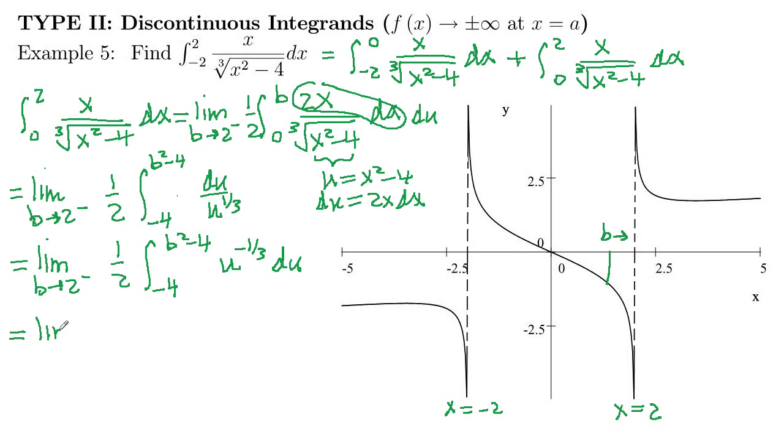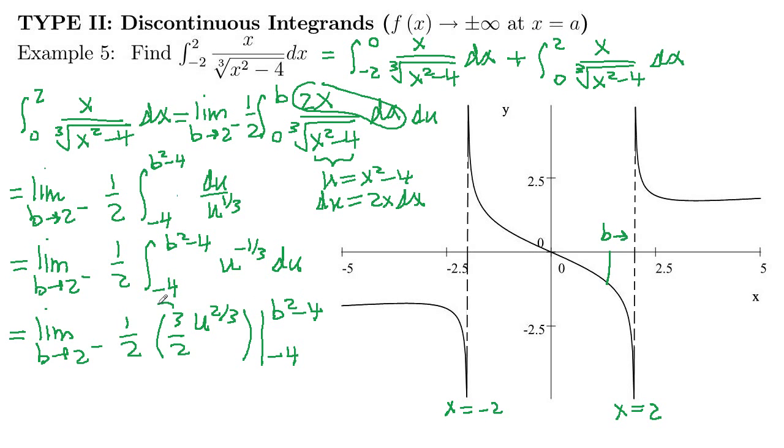So limit as b approaches 2 from the minus side, got a 1/2. And then this will be negative 1/3 plus 3/3, so u to the 2/3. And then divide by 2/3 is multiply by 3/2. And we're going to evaluate that from negative 4 to b squared minus 4.